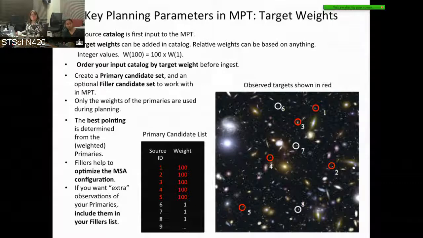But if you do want extra observations of your primaries, it's nice to keep in mind that you should include them in your fillers list as well. In that case, you would get extra observations of those primaries for free. But if, on the other hand, your preference is to observe as many fillers as possible in the extra real estate that you have in the MSA configuration, then you can leave them out of your filler list.